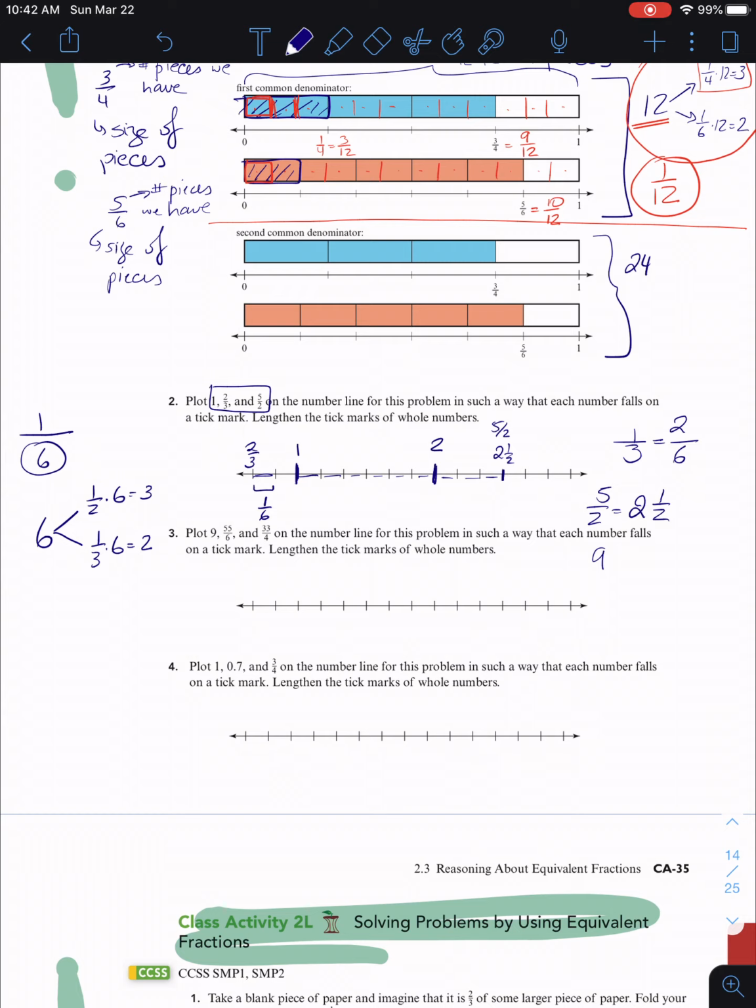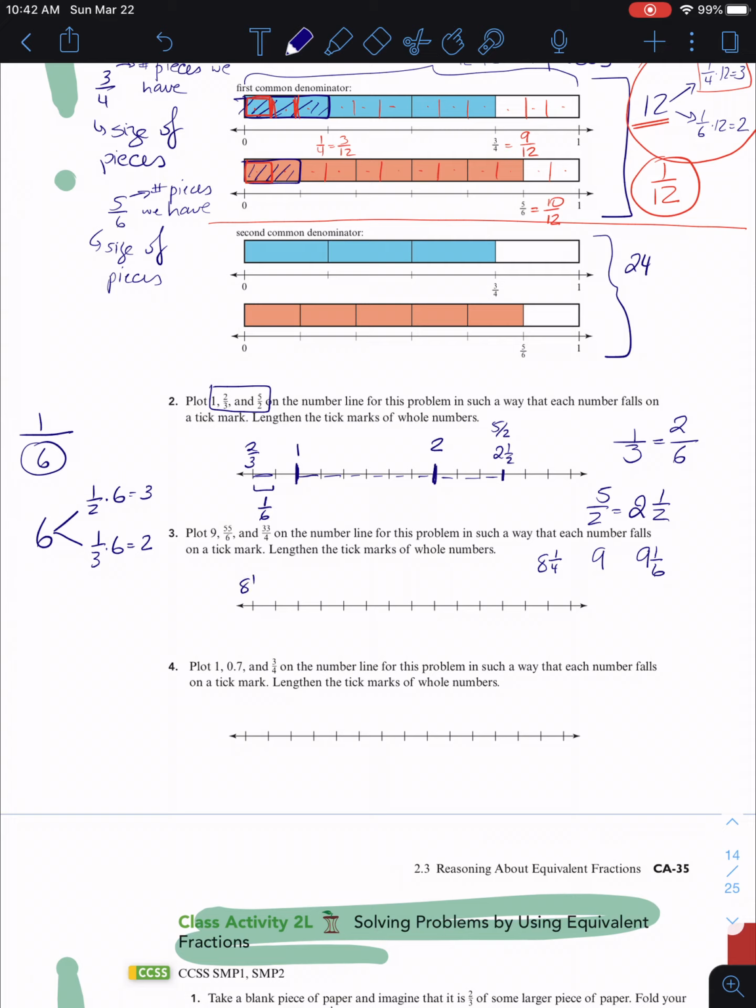So it'd be 9 is the first one, and then 9 1/6 would be our second number. And for quarters, how many holes would you fill with 33 of them? Well, 32 will give you 8 holes, so it would be 8 1/4. So that's the order in which we're going to plot them.